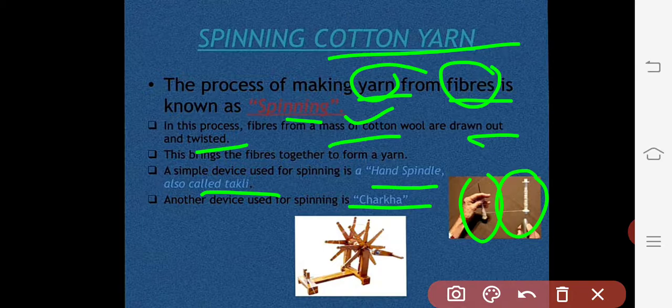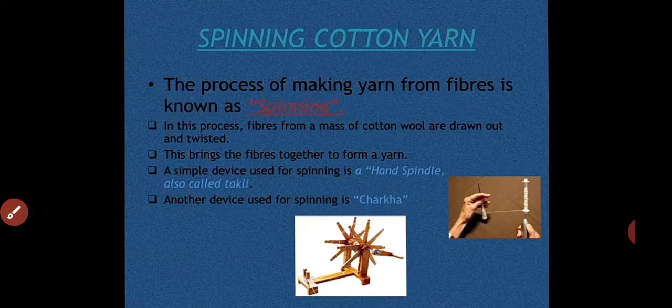This charkha played a major role during the freedom movement, for making their own clothes. So spinning was basically done with the help of this charkha also.